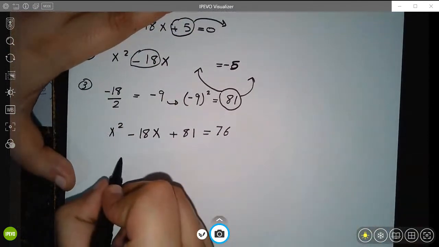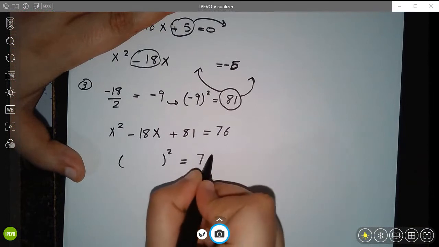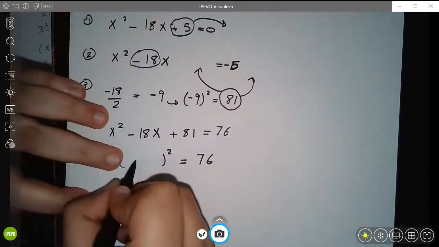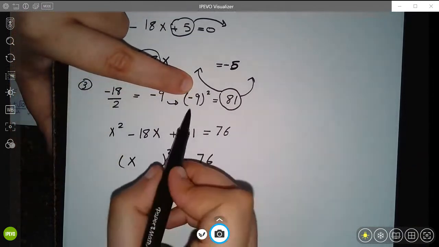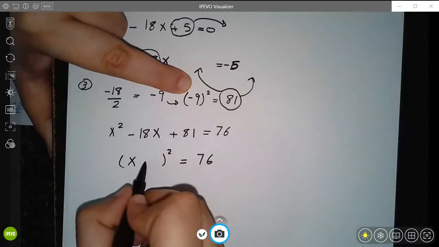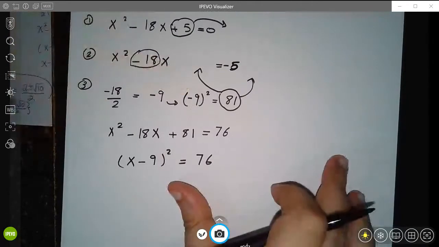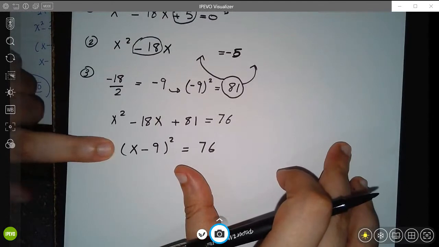Now, if I want to rewrite this in the form of a pair of parentheses squared, I'll put in the x in here, and then you grab the number you squared, which is a negative 9, and you write it in here. That's your complete square. This is the perfect square.